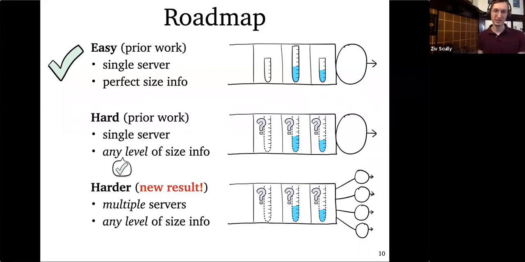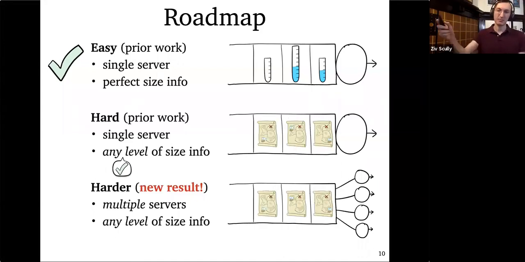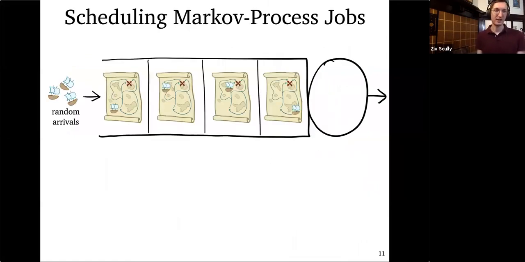And what I'm going to talk about next, specifically with these Markov process jobs, is how we actually schedule them. That's exactly right. That's the next thing we're going to talk about: given these complicated Markov process jobs, how on earth are we going to decide which one to serve? And so I think your question will be answered in a few slides.